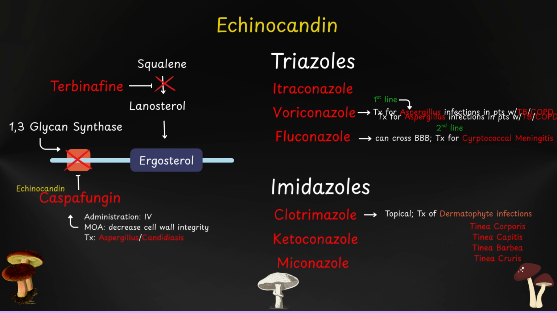Caspofungin also works on the cell wall, similar to terbinafine, except terbinafine, as we said earlier, prevents the formation of ergosterol, whereas caspofungin inhibits 1,3-beta-glucan synthase, a transmembrane protein. Caspofungin is administered via the intravenous route, and it is used for the treatment of aspergillus and candidiasis.